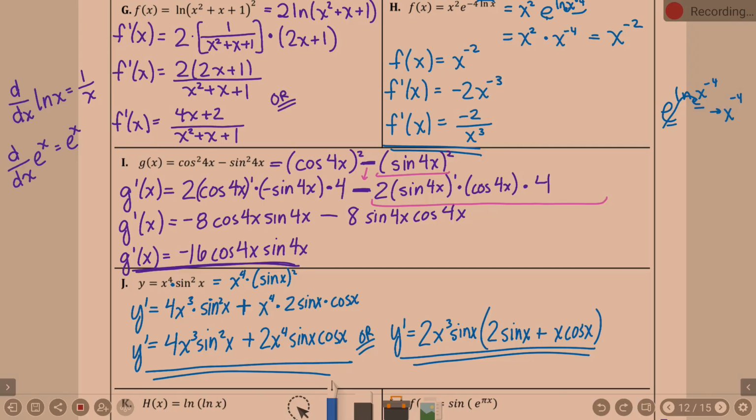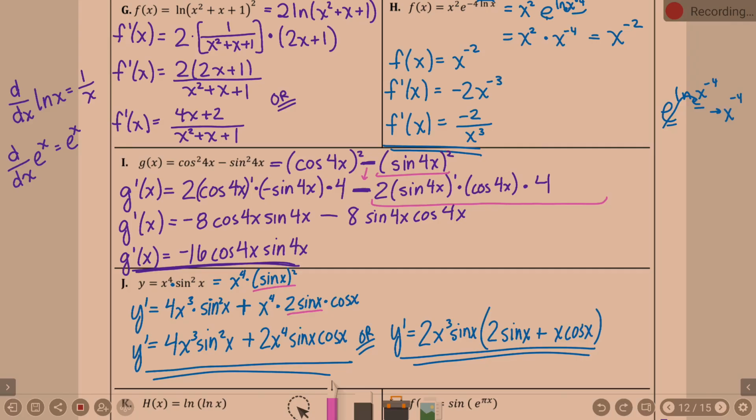We're getting to see just a big variety of problems. Are we good? How did we get, on the first step, 2 sine x times cosine x? So I get the 2 sine x because that was the derivative of something to the second. You move the 2 out front, subtract 1. Technically, it's a 2 sine x to the first.